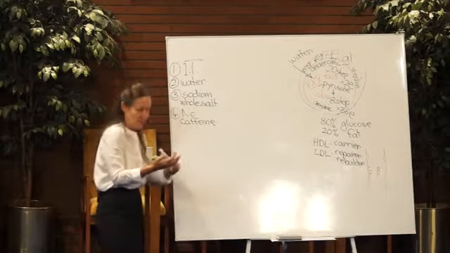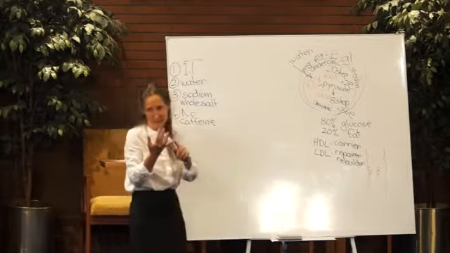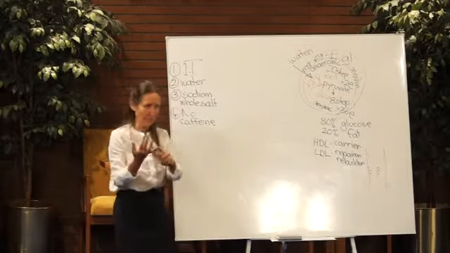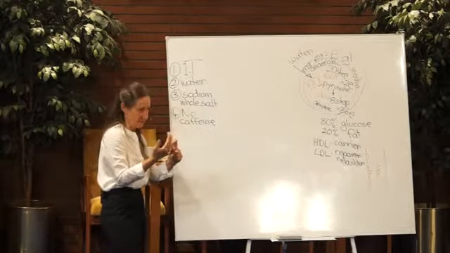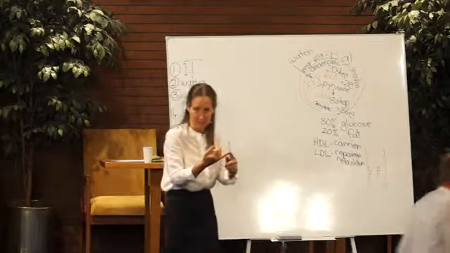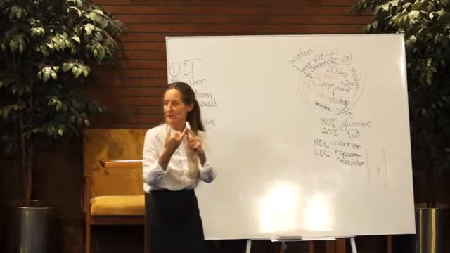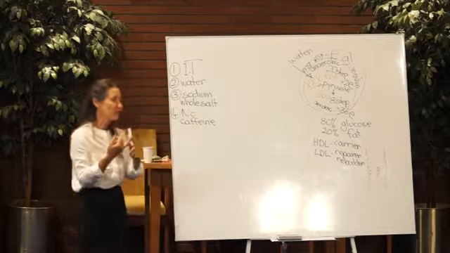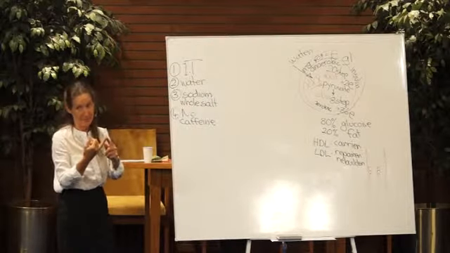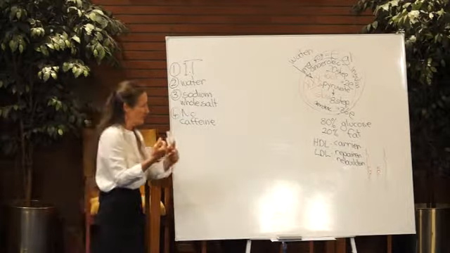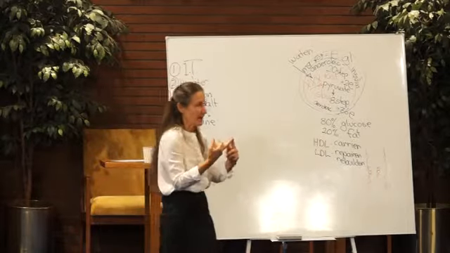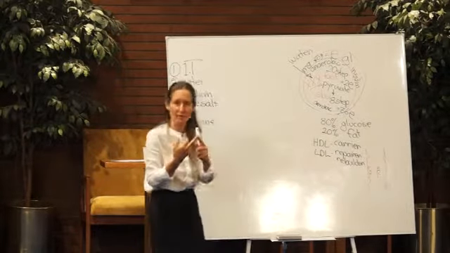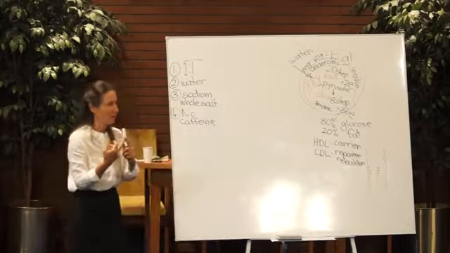So where's your fibre? All your plant food, plant-based, your whole foods, have fibre. Where's your protein? Your protein is found in your legumes, your lentils, chickpeas, lima beans, tofu, only if it's organic, nuts and seeds. And where's your fats? Your nuts and your seeds, and also your coconut oils, your olive oils.